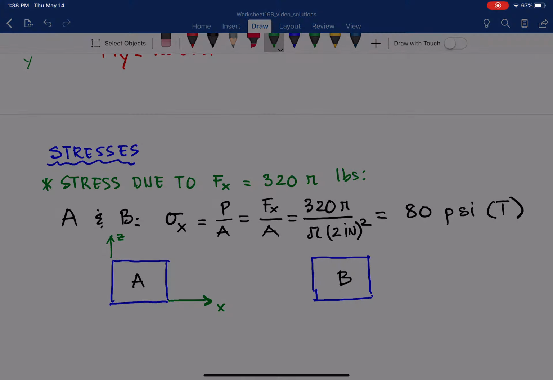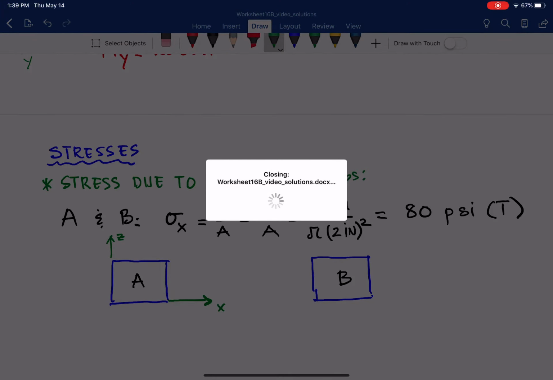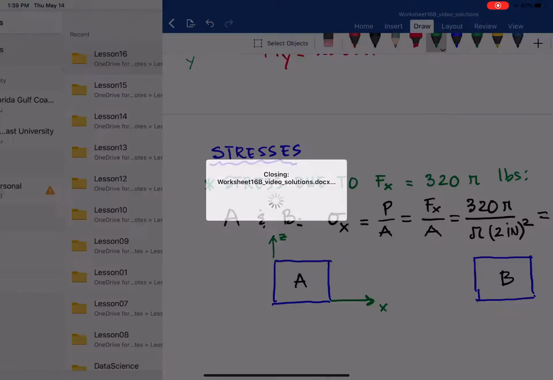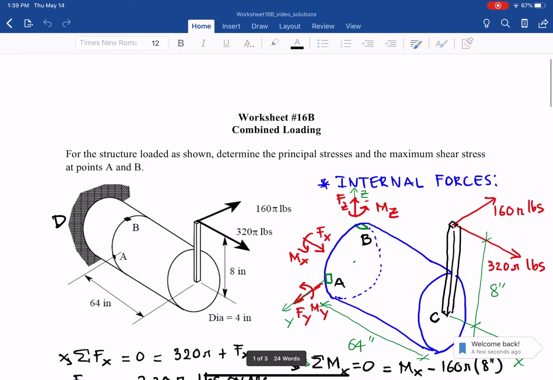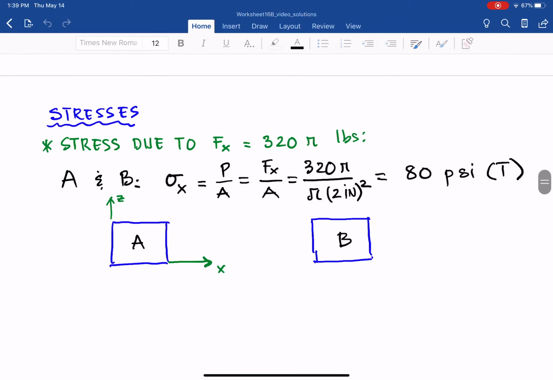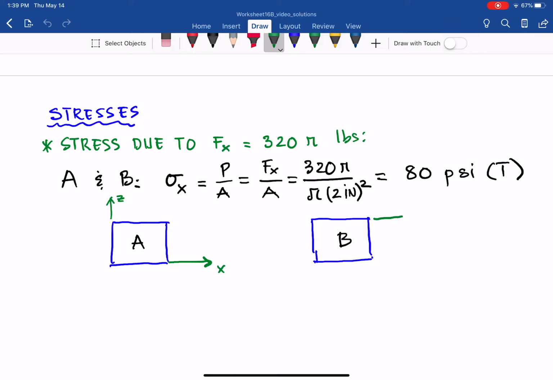So it will be X and it will be Y. Here, only sigma x in the first force, so we have sigma x in tension, following the x direction, 80 psi, and tension should go out of the cut.